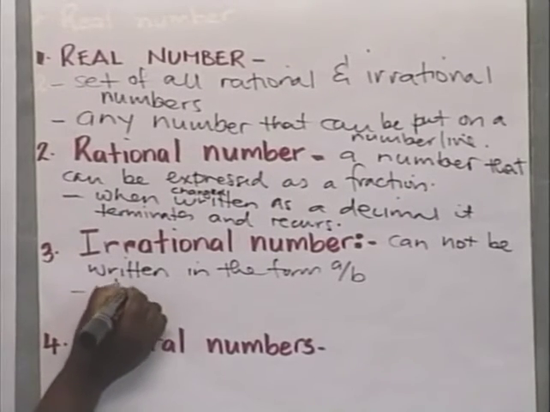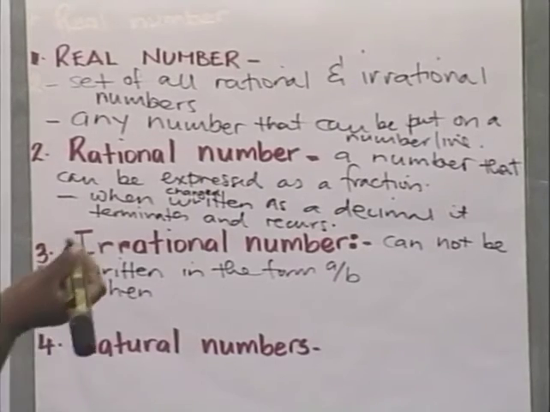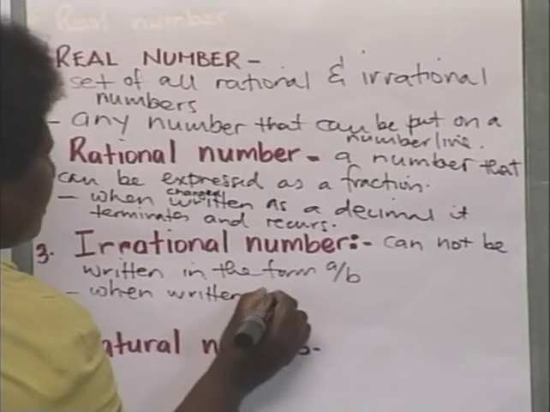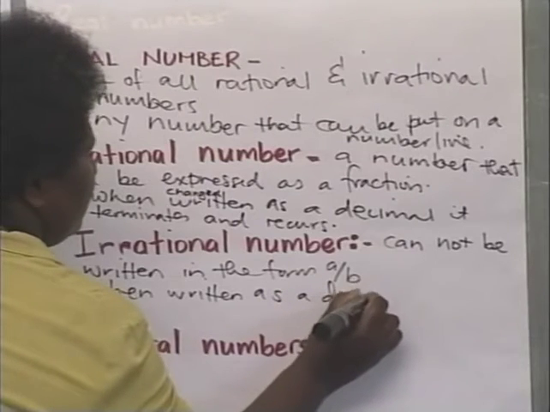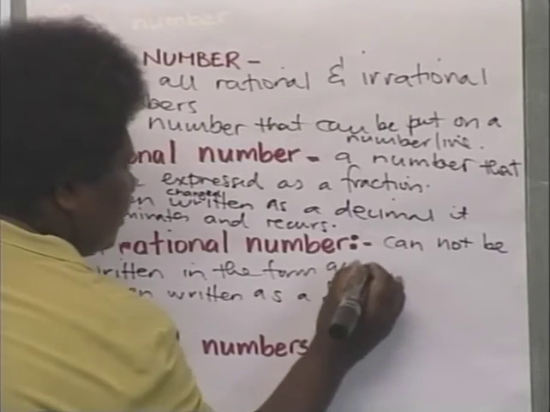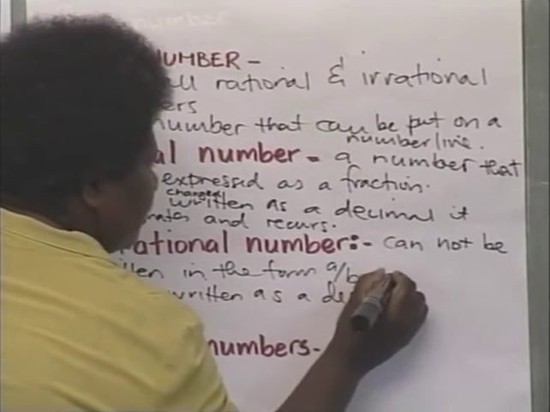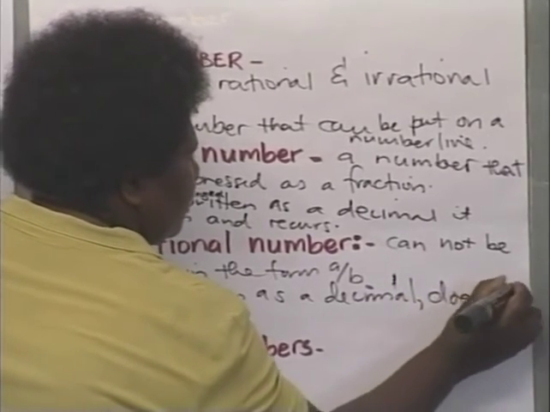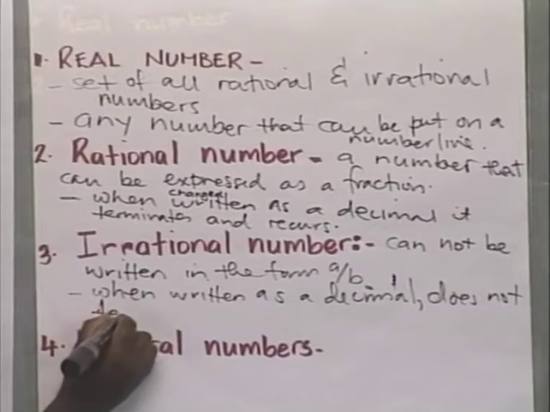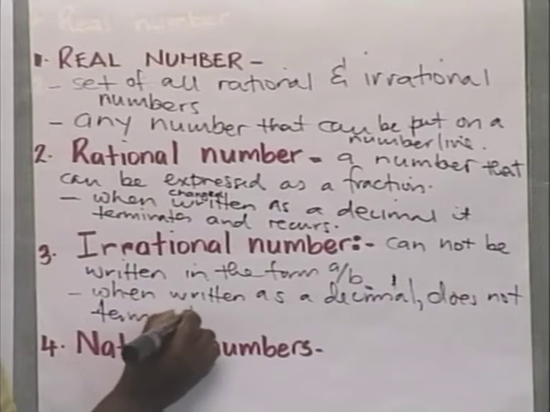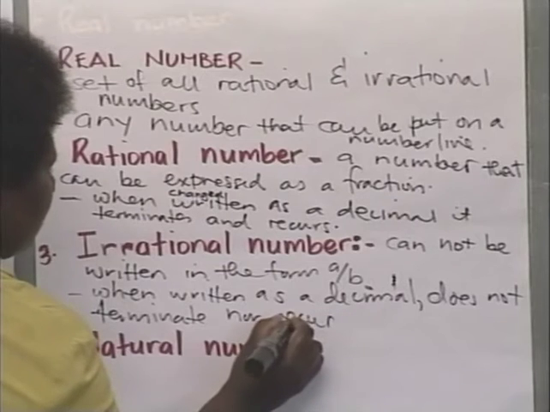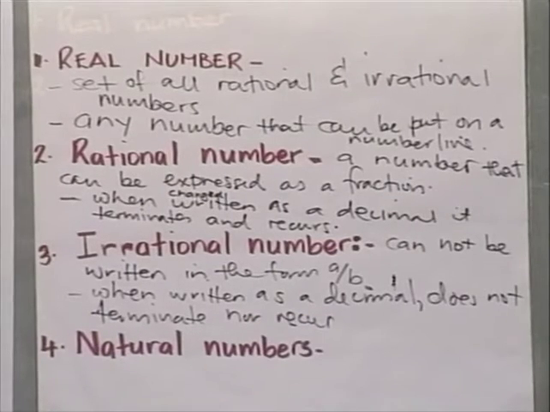This is very important. When written as a decimal, it does not terminate and it also does not recur. Okay, I'll give you an example.